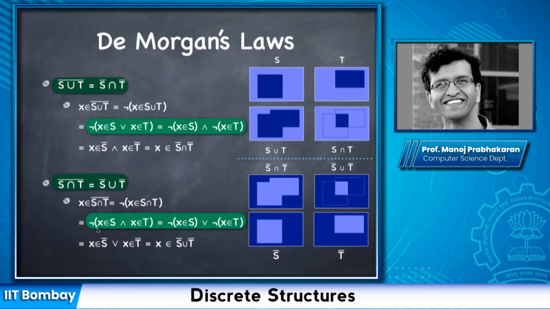So negation of X is in S and X is in T is the same as negation of X is in S or negation of X is in T. So this duality, this De Morgan's law, is something you would have come across in the case of sets, but now you see that's exactly the same thing as what we saw in propositional calculus.